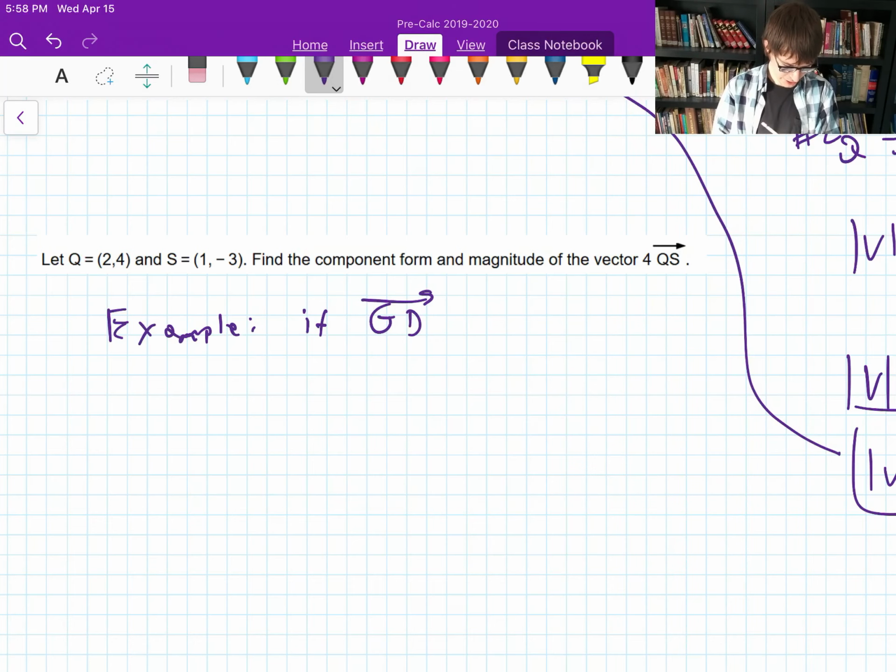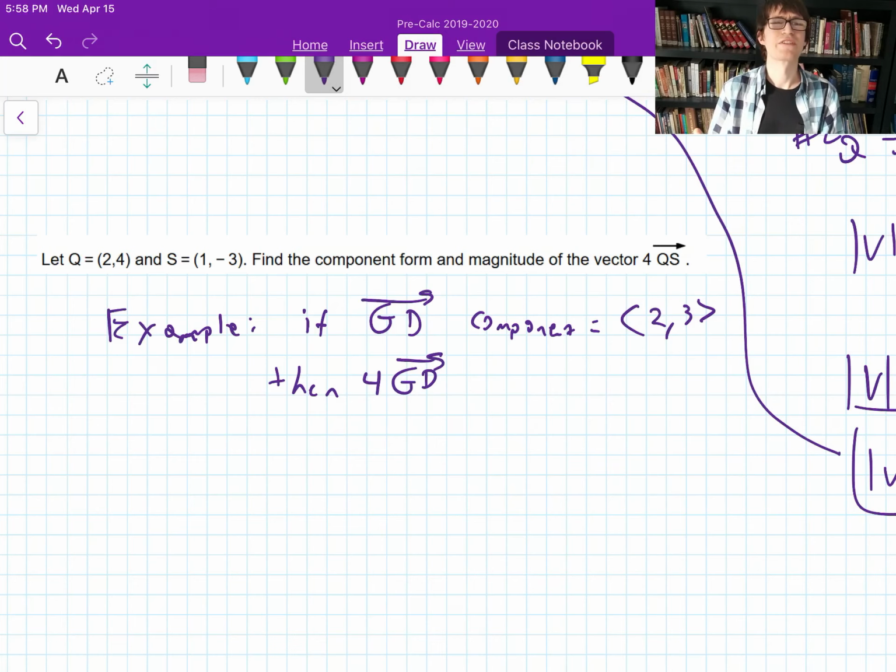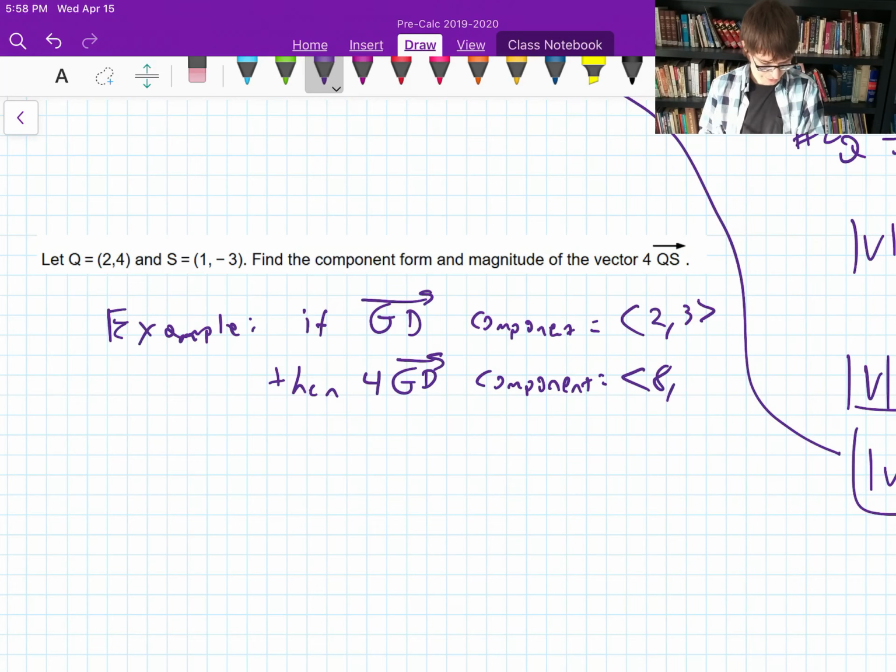If GD component equals (2, 3), then 4 times GD, we just multiply the numbers by 4. That's all we have to do. The component equals 4 times that, so that'd be (8, 12). That's all there is there.